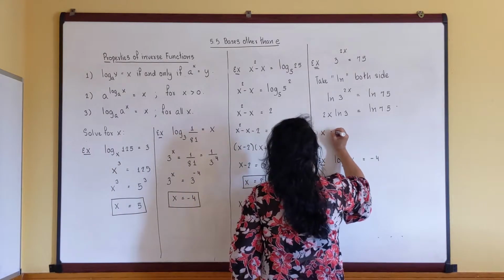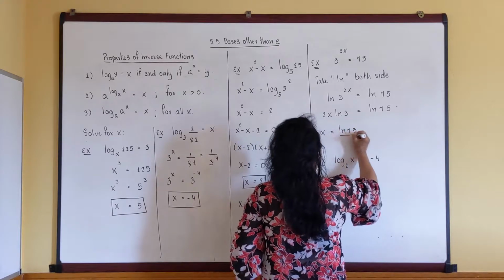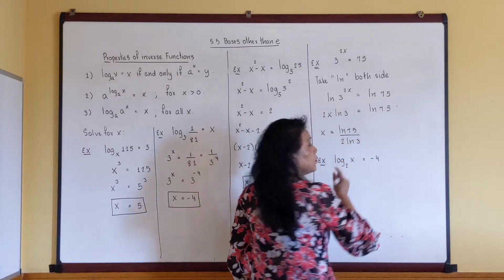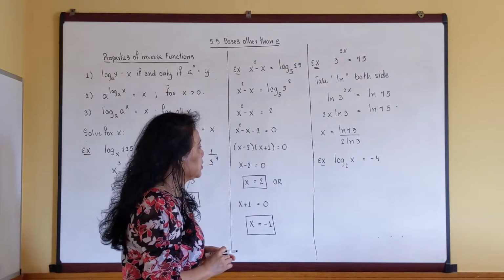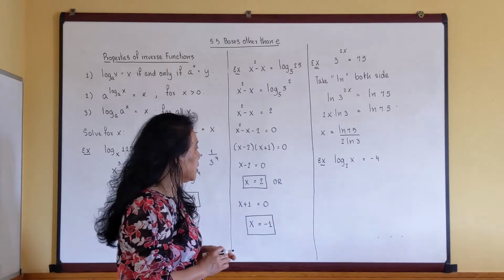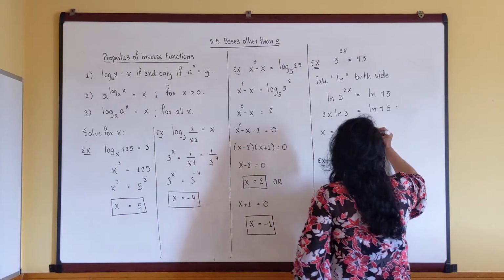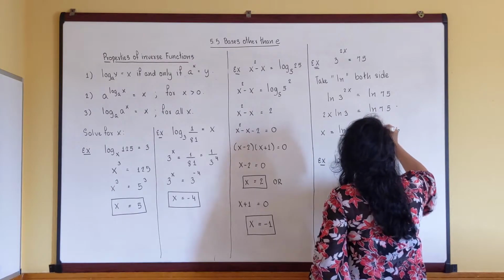So x would equal ln 75 divided by 2 ln 3. From here you can use the calculator. Any scientific calculator should be able to give you ln 75, and then you divide by 2 and divide by ln 3, which is approximately 1.96.